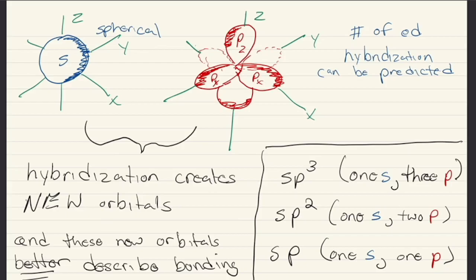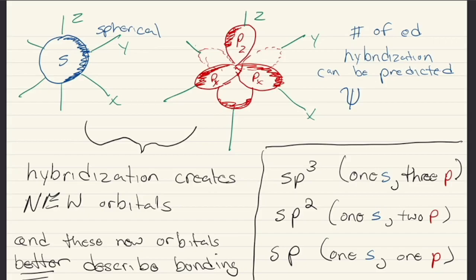Imagine if each one of these orbitals, p or s, has a wave function, which we've already talked about. That wave function represents some mathematical function of the probability density where we can find these electrons. Imagine if we were to merge them, and that's why they call it hybridization, because we will be mathematically merging these electron densities in three-dimensional space, and we will create new, what we call hybridized orbitals.